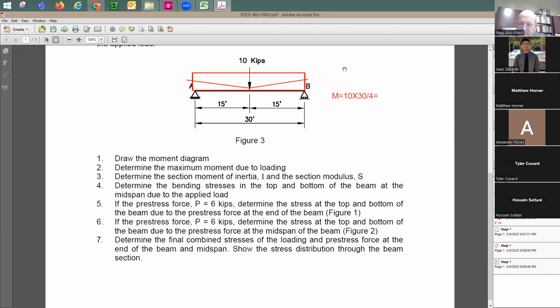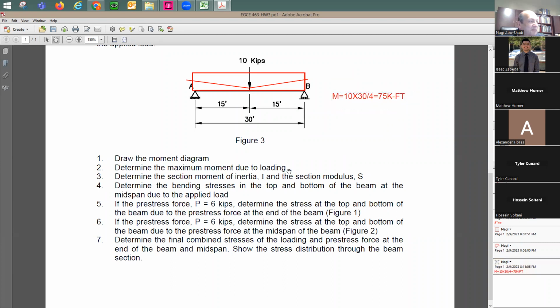If you have 300 and you'd like to give to 4 people, how much would you give? 75. 75 what? Unit? Kip-feet. Not dollars, right? Yeah. All right. So it's going to be 75 kip-feet.